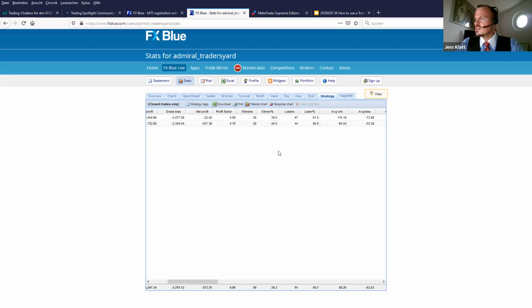You can, for example, see the hit rate. It's only 39% in the case of the DAX, while it's 40% in the case of the S&P, which is very interesting when looking at the net profit. So obviously, if the DAX moves in our direction, it really moves strongly in our direction and is highly likely to reach our take profit, while in the case of the S&P, this is not necessarily the case.